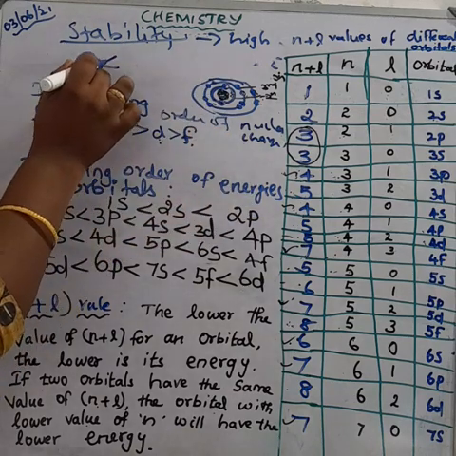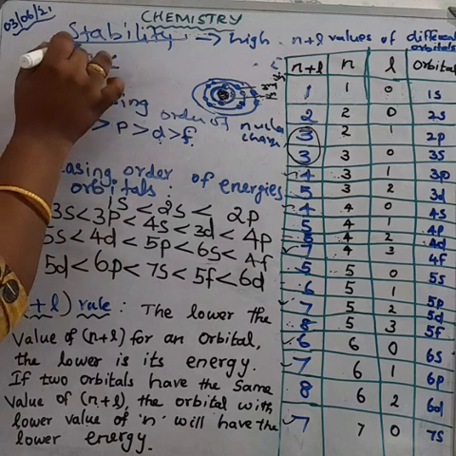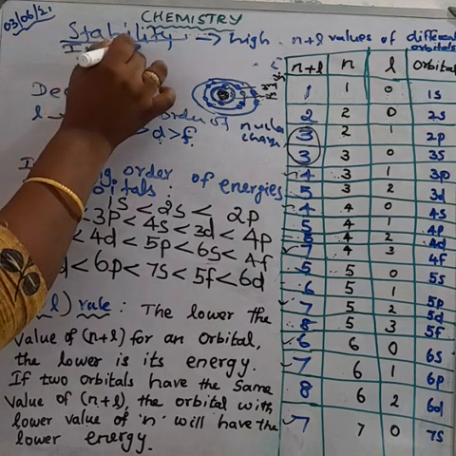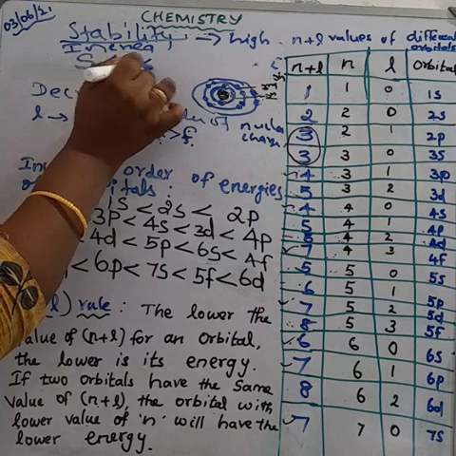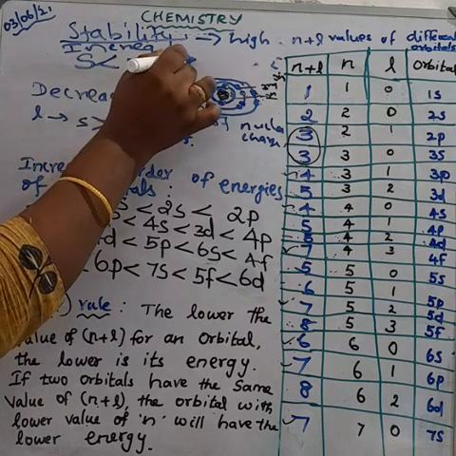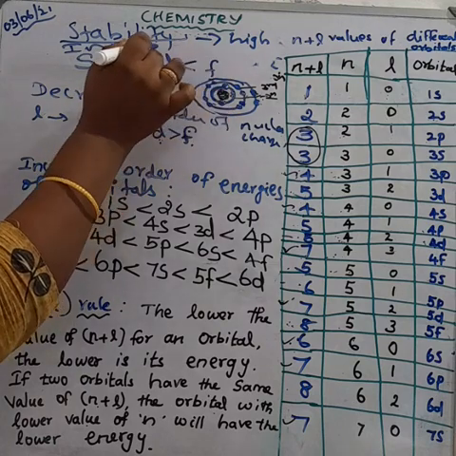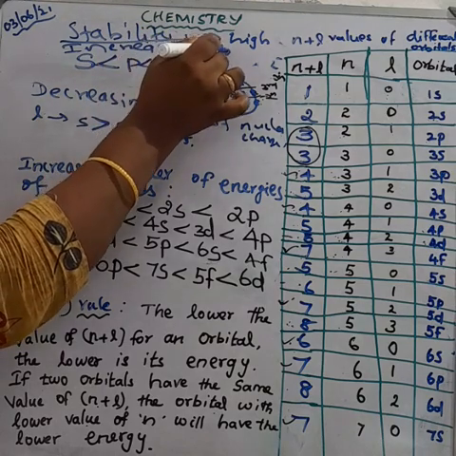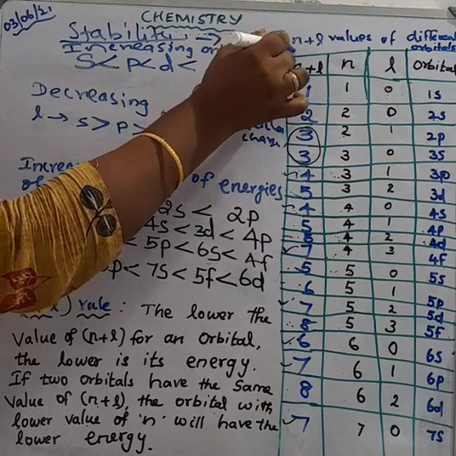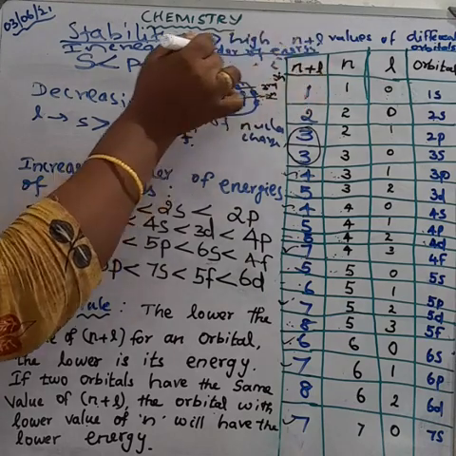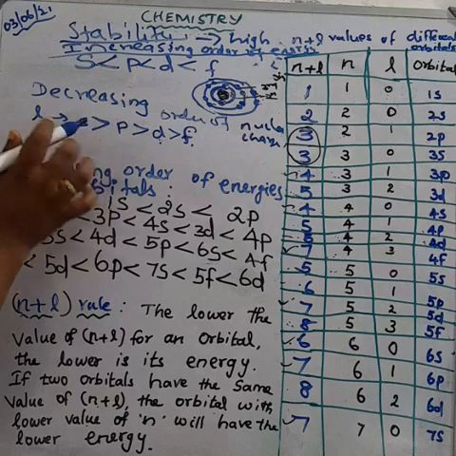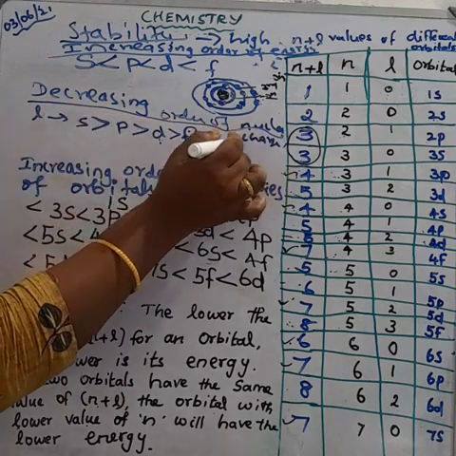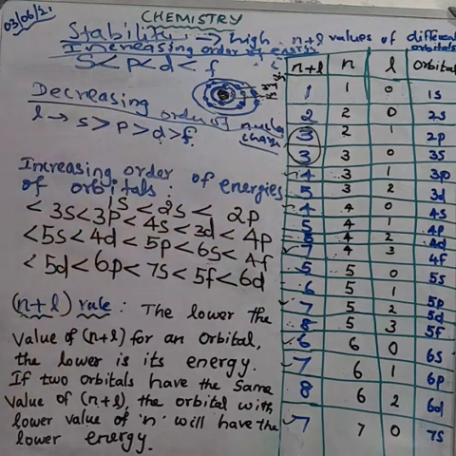So in the increasing order of energy, the p orbital has higher energy than the s orbital, the d orbital has higher energy than the p orbital, and the f orbital has higher energy than the d orbital. Okay, understood? These are the increasing order of energy for the orbitals. Among the orbitals, this is the decreasing order of nuclear force. These are today's energies of orbitals.